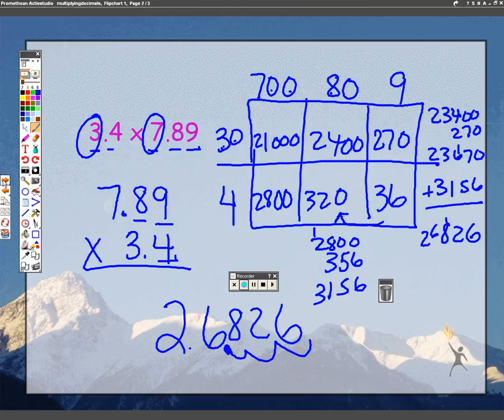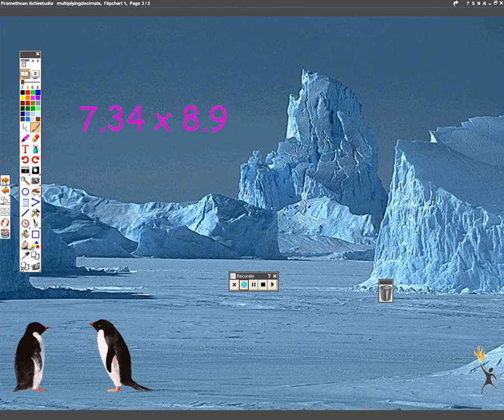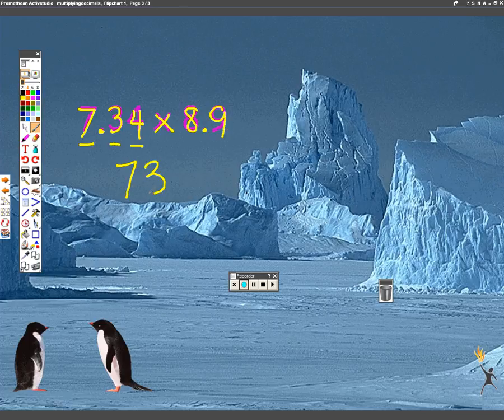Okay, time for one more. This one's a little tricky to see, so I'm going to highlight it. We have 7.34 times 8 9/10. Okay, I'm going to go back to the old-fashioned way. Now remember, this has 3 digits, so I'm going to write it first. And times the 8.9. 9 times 4 is 36. Carry the 3, and hopefully you remember your 9's tables tricks. 9 times 3 is 27 plus 3 is 30.